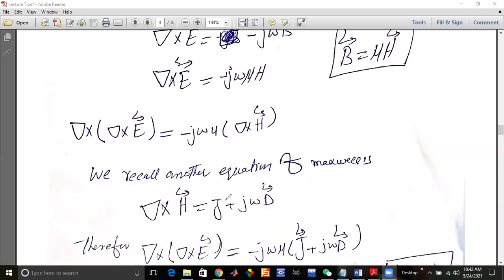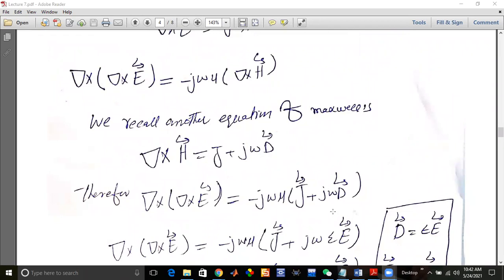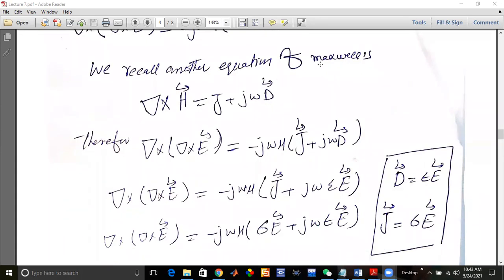So replace the curl of H by its value, J plus j omega D. Therefore the curl of the curl of E is equal to minus j omega mu into J plus j omega D. And you know two relations from the EMF course: D is equal to epsilon E and J is equal to sigma E. These are some equations, along with B equal to mu H.